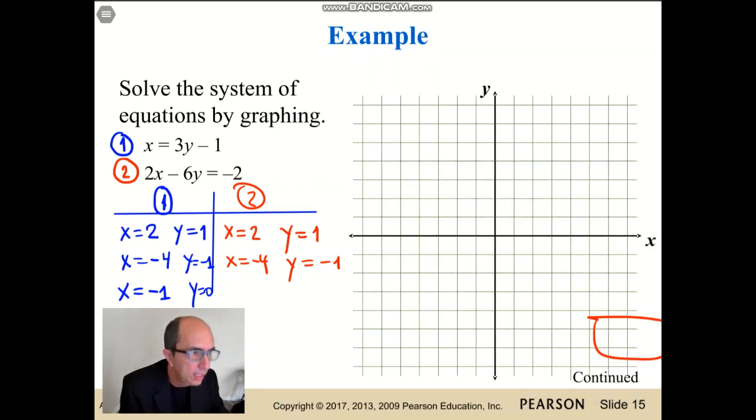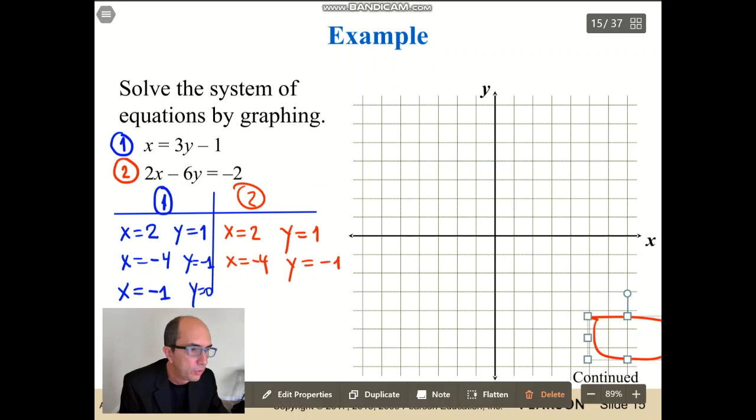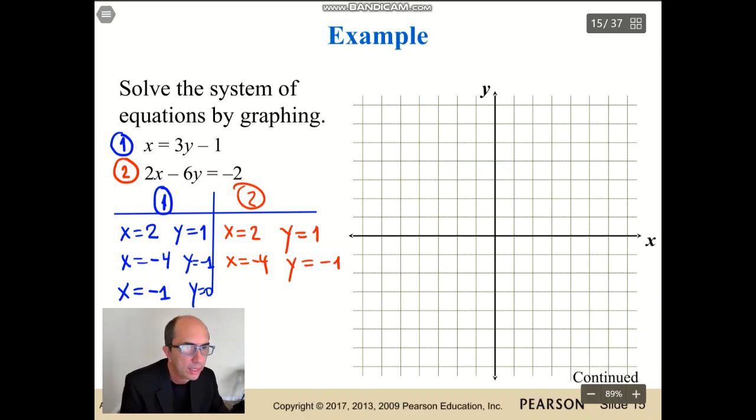As you can see, the other points are similar, they are the same. The ordered pairs are the same. If we plot x equals 2, y equals 1.